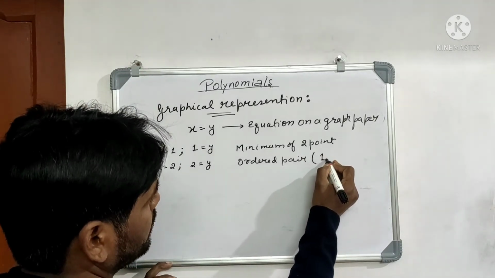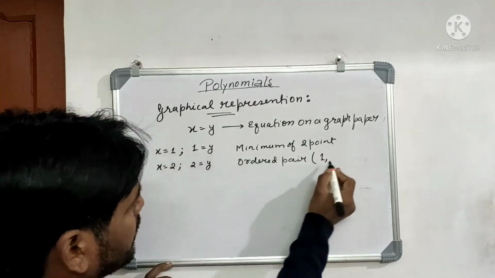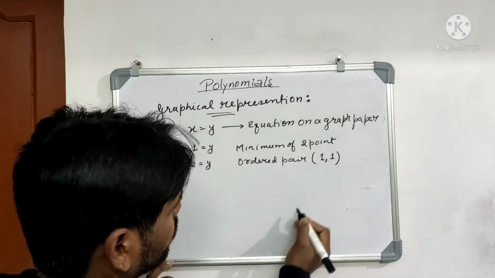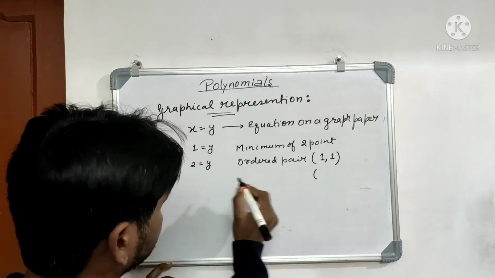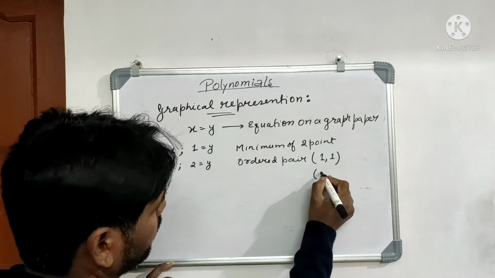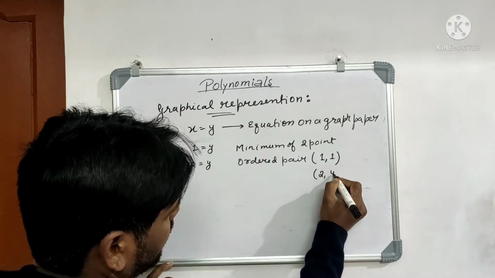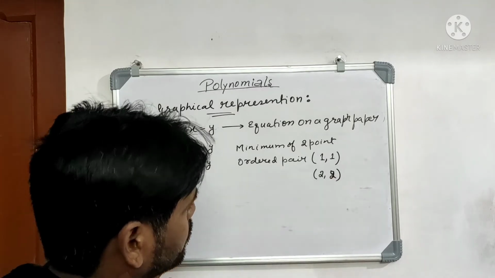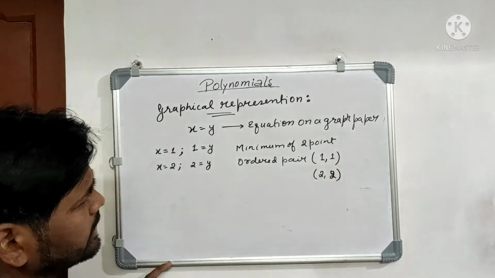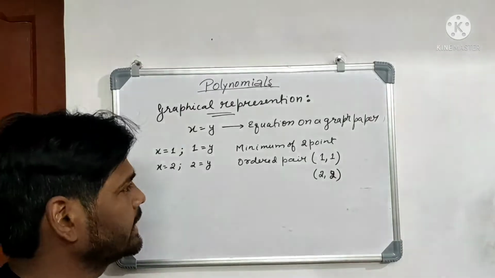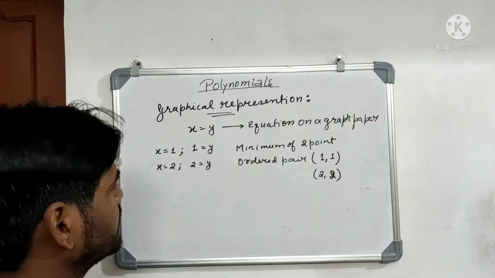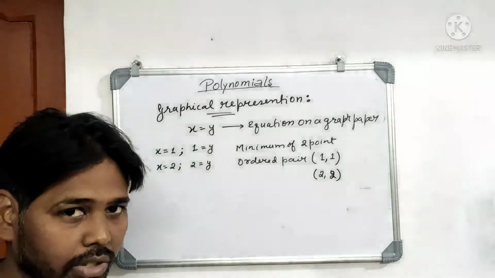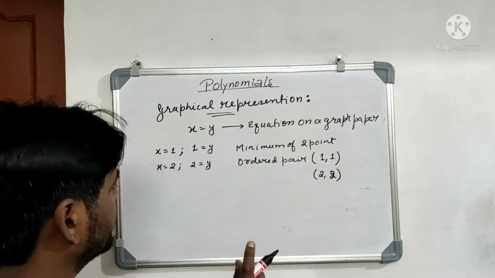That means 1 for x and then again 1 for y. The second point, for the value of x will be 2 and y will again be 2. So these are the 2 points which are supposed to be represented on the graph which contains x as one of the axes and y as another axis.